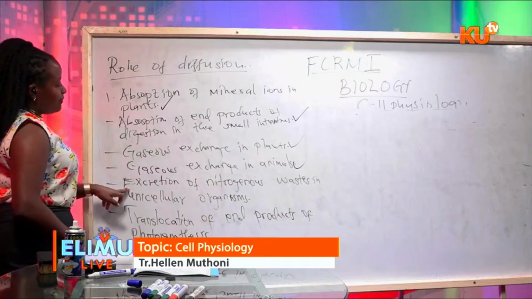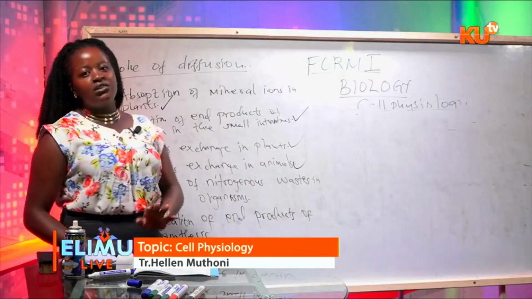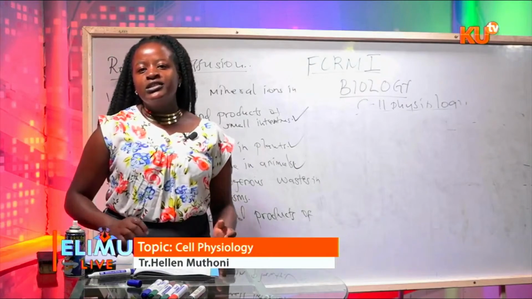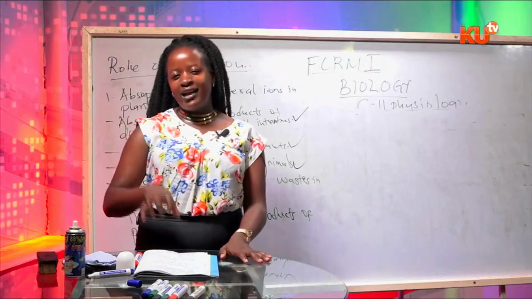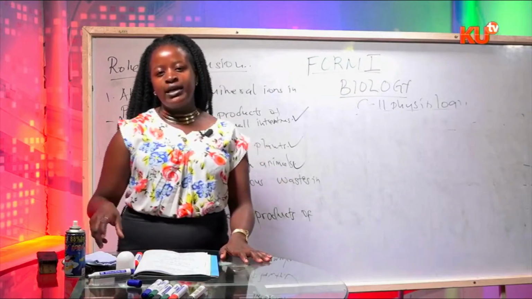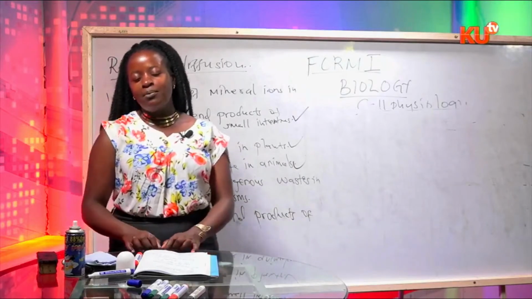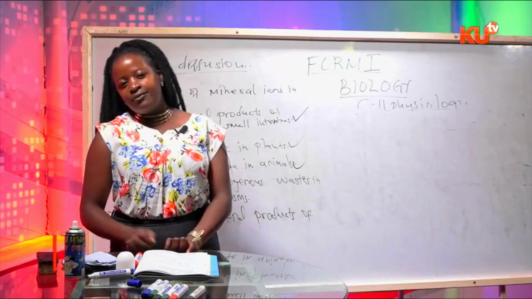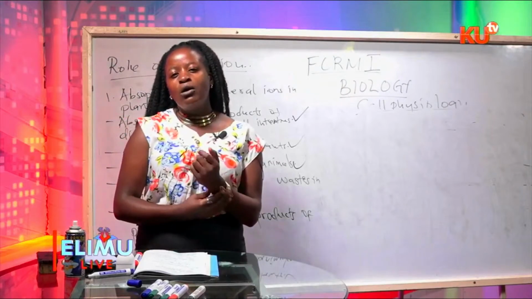We also have excretion of nitrogenous waste in unicellular organisms. Nitrogenous wastes are wastes that contain nitrogen as a component. Unicellular organisms are those that are made up of one cell only. For example, amoeba. So in amoeba, what will happen?